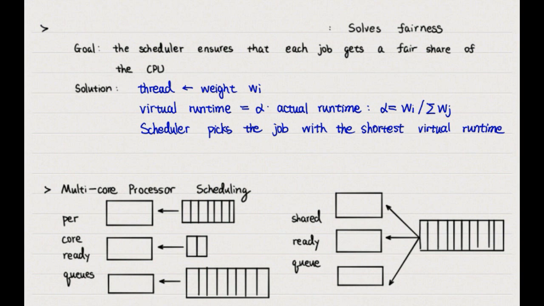As a result, if the weight of a thread increases, then its virtual runtime increases, since its virtual runtime is proportional to its weight.